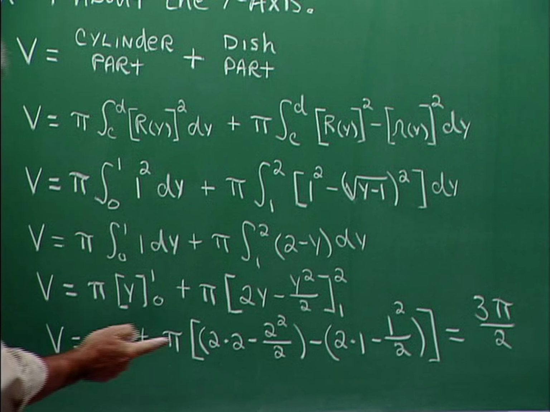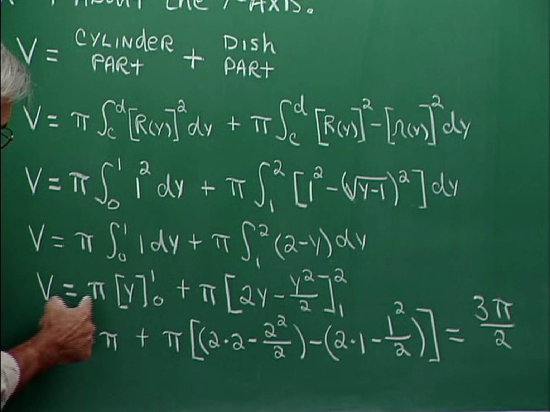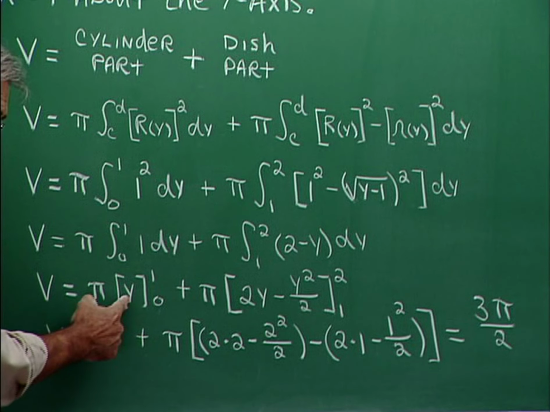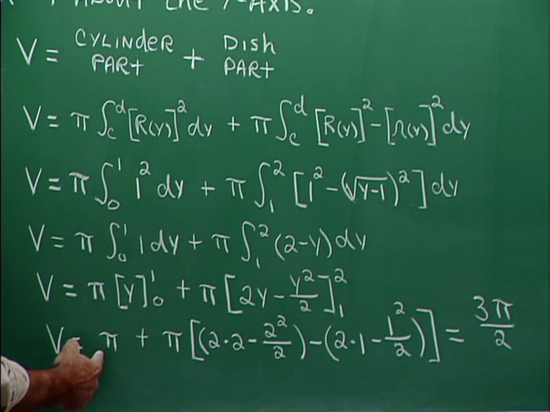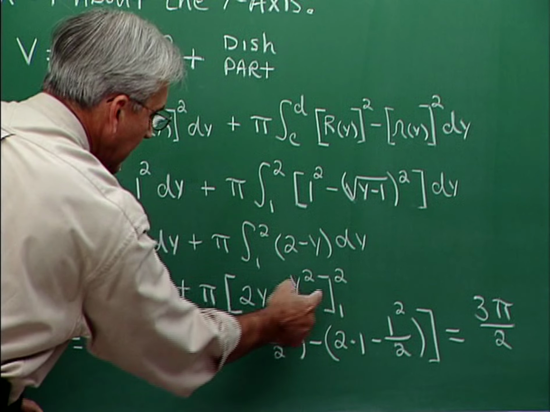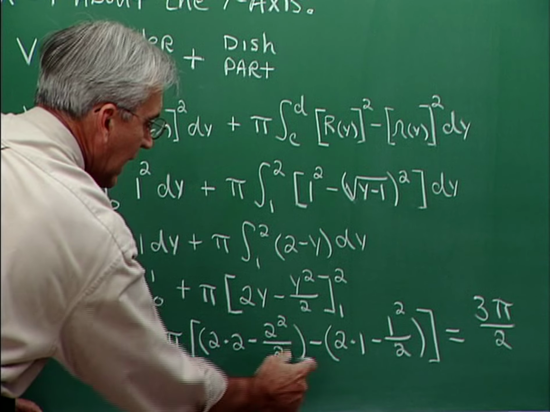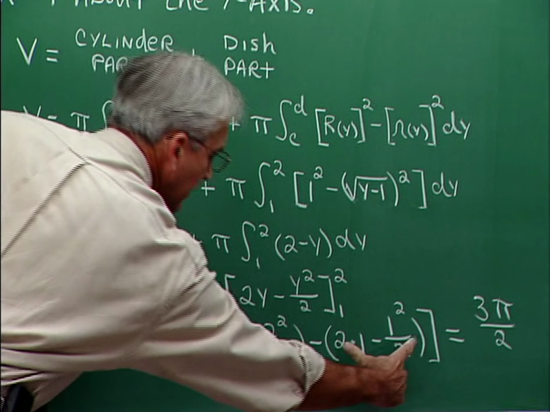And then back over here, the top end is just 1, so it's 1 pi, and 0 in place of y goes out. So it's just pi for this part. And then over here, we have a couple of parts. Replacing the y with 2 in both spots gives us this, and replacing with 1 in both spots gives us this.